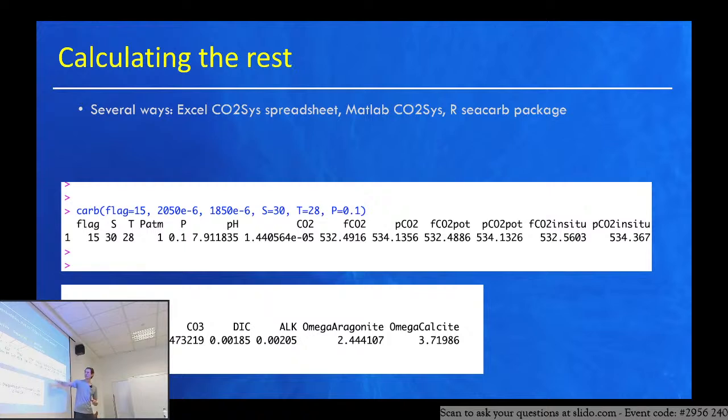Now the pressure isn't so relevant in a shelf sea because it has a fairly small impact. But Indonesia has some really deep ocean regions, so if you're getting into the Banda Sea, then that will matter. Out of this, we get an awful lot of output. We get the pH, the CO2 concentration, and all of our partial pressures and fugacities of CO2, which I'm not going to go into the difference of here.